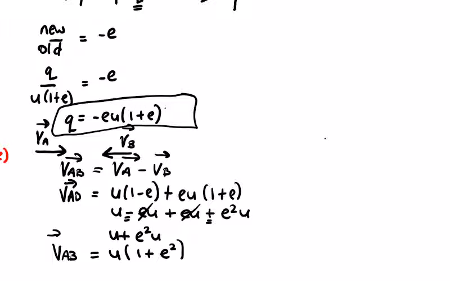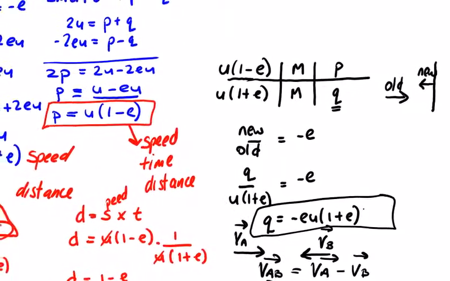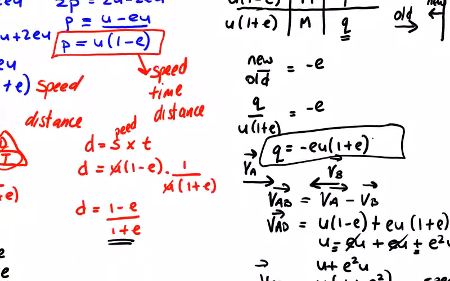So now we have speed. We need to know the time taken to get to the collision, and we know the distance that they're apart. So this is the distance that they're going to cover, the two of them going at different speeds, which is why relative velocity will help. So the distance apart, what's this distance? 1 minus E and 1 plus E?